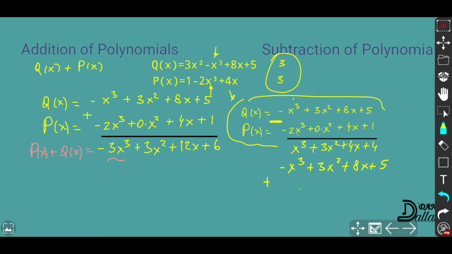That will simulate subtraction, however we still use addition. That's an interesting moment. Instead of minus 2x cubed, I'll write 2x cubed. And plus 4x, I'll change onto minus 4x, and minus 1. So I swap all the signs onto the opposite, but I still use addition. So that's sort of algebraic addition.